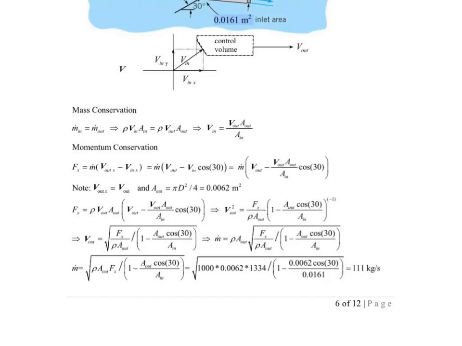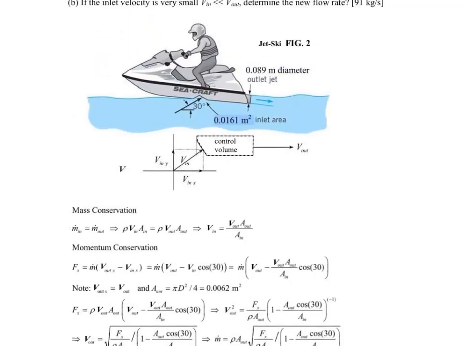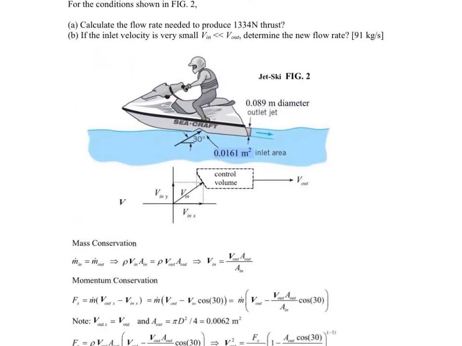And if we go through this carefully on our own, we end up with the mass flow rate as the subject of the formula, equal to this expression. Now, if we plug in all the terms that we have, we will get our answer of 111 kilograms per second.